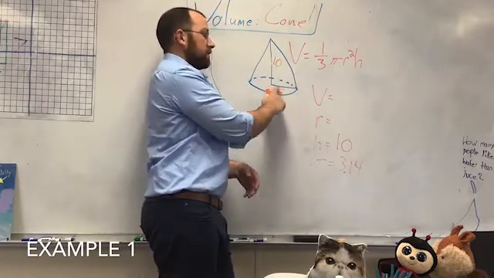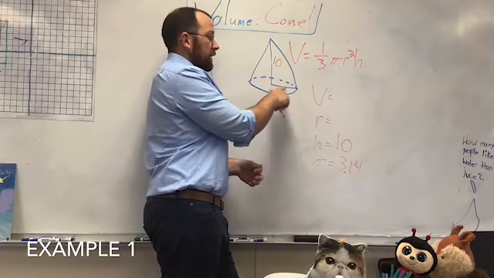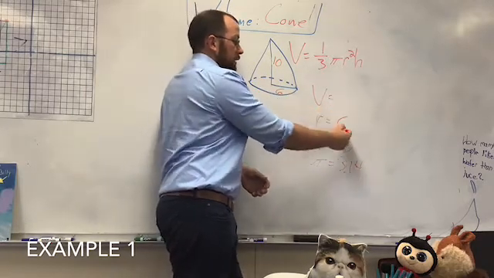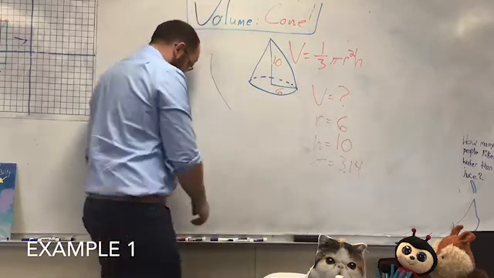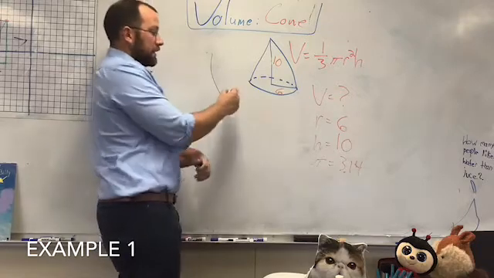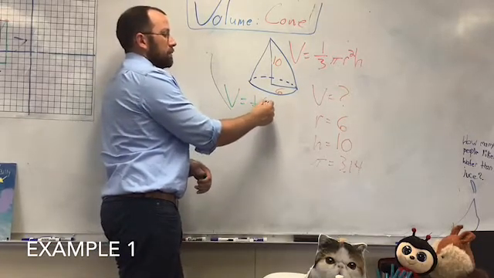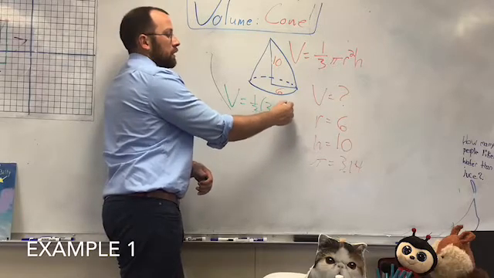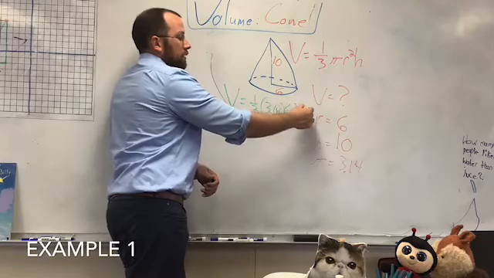My radius is the same thing it's always been, the radius of the circle, from the very middle of the base out to the edge, which is 6. So we're looking for the volume. So when we write this in, volume equals 1/3 times 3.14 times 6 squared times 10.